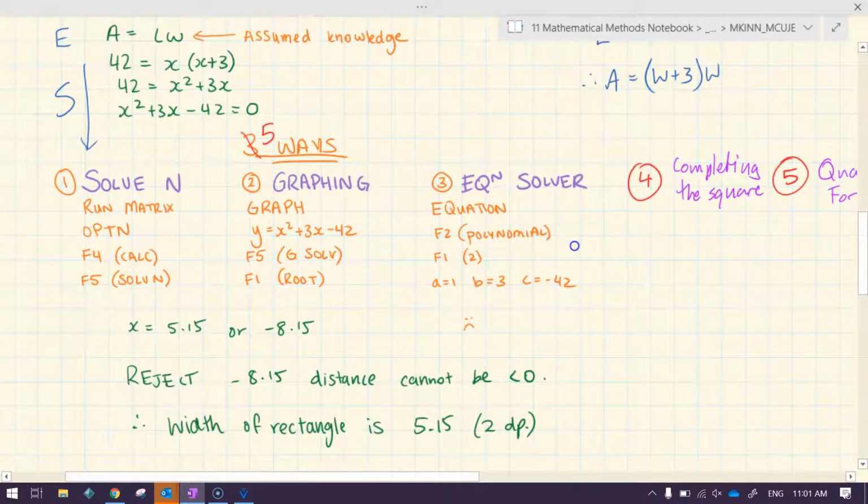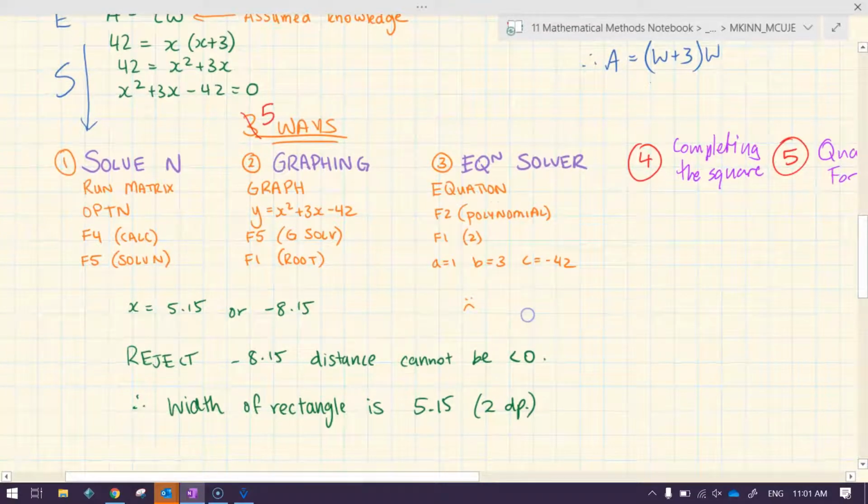We can go ahead and do that. Why has it got a sad face for the equation solver and the polynomial? I don't know. Doesn't like it. Okay, so equation solver is not usually a very good technique to use because it only really works for polynomials.